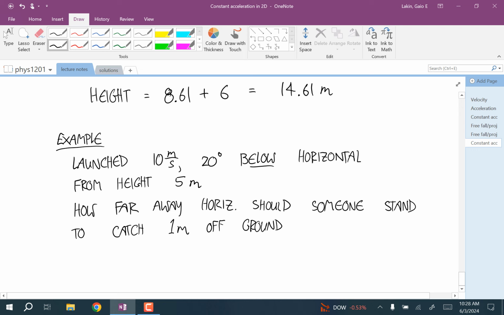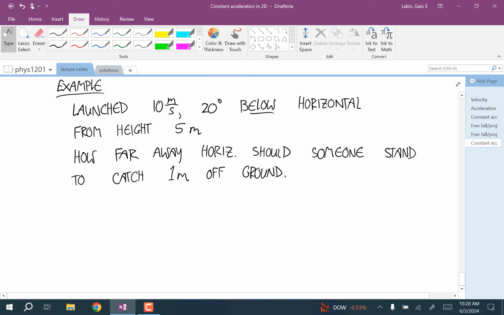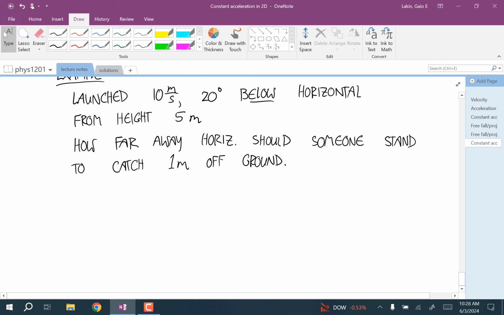Okay, so say you got somebody who has a bad back, they can't bend over or reach up too much. They want the ball to reach them when it's exactly 1 meter high, because that's the easiest place for them to catch it. How far away horizontally should they stand from this launch? To draw a picture of this, it would look something like this. You got the ground here. This ball is launched from a height of 5 meters. And it is launched at 20 degrees below horizontal, so it's launched at an angle like this.